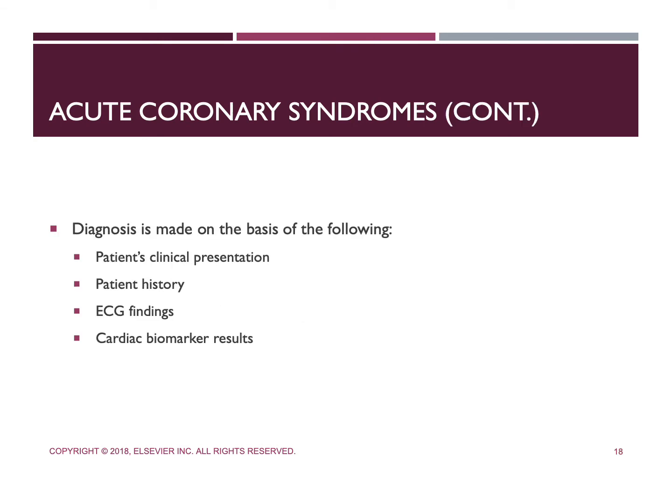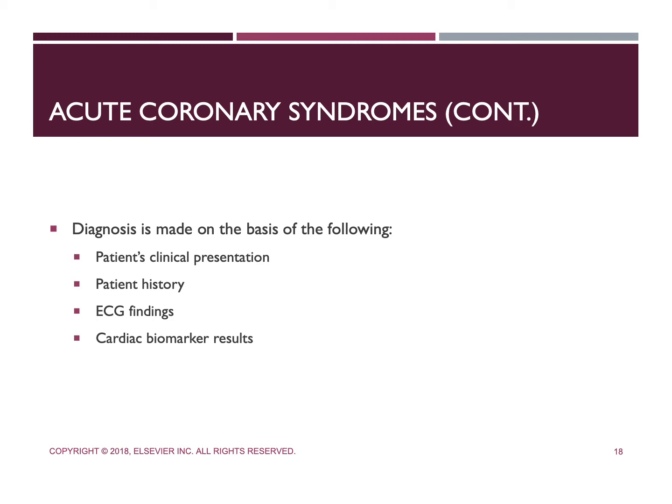The diagnosis of an ACS is made on the basis of the patient's presentation, their history, ECG findings, as well as cardiac biomarker results. If ST segments are elevated in two contiguous leads and elevated cardiac biomarkers are also present, the diagnosis is STEMI.